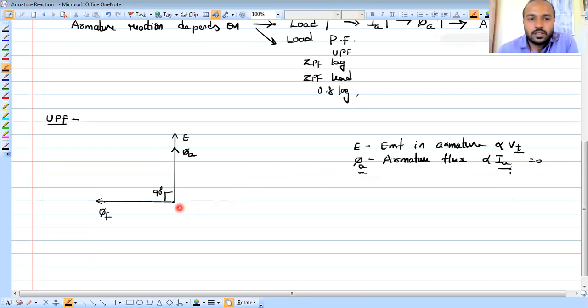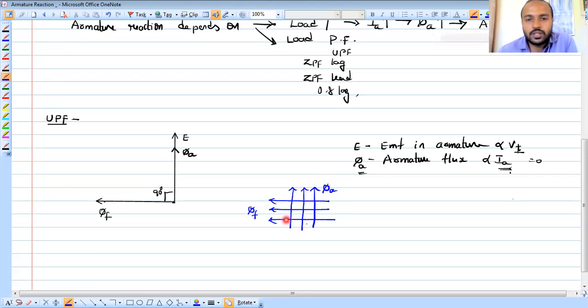Okay. So what is meant by armature reaction? The effect of this armature flux on the main field flux. Here, what is the effect? If you observe, our main field is moving in this direction, right? Coming to the armature flux, phi A, it is moving in the upward direction.